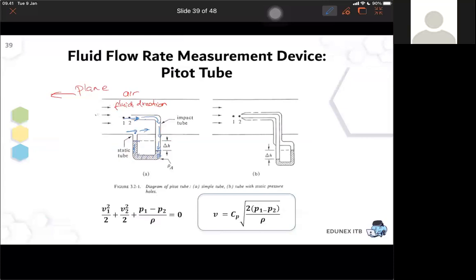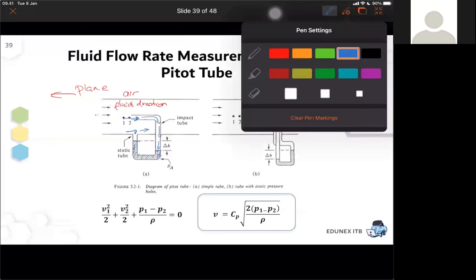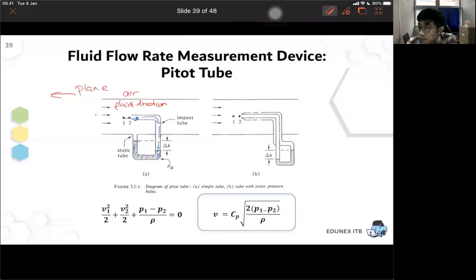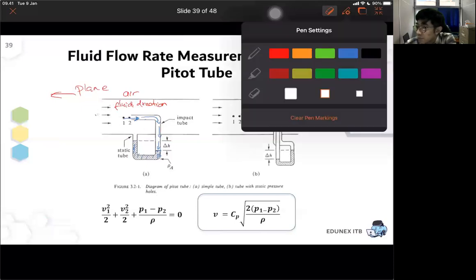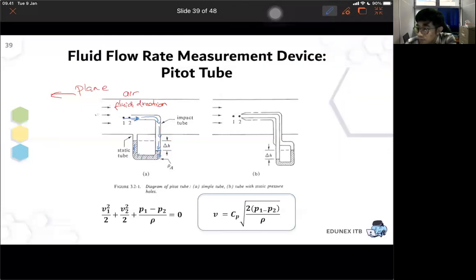Yes, correct. So at point 1, you can consider that the velocity will be the same as the velocity of air.